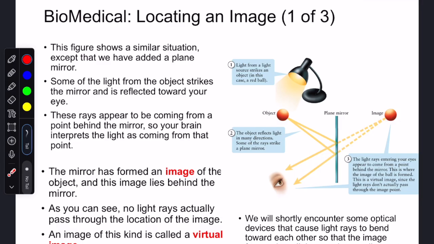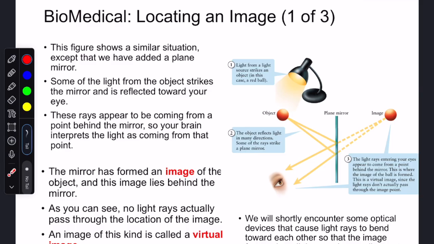So when you look into a mirror, what you are seeing is an image of an object that looks like it's farther away from you. It looks like it's behind the mirror. That's because our eyes are tracing that ray, and you can see this turns into a dotted line because this is called a virtual image or a virtual ray.